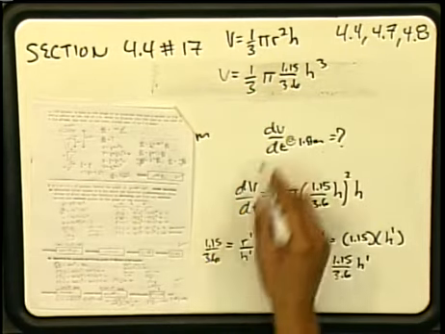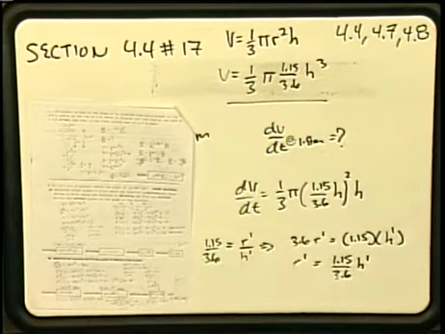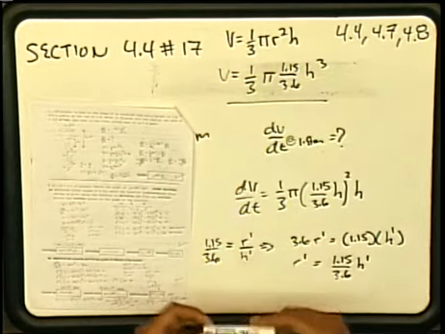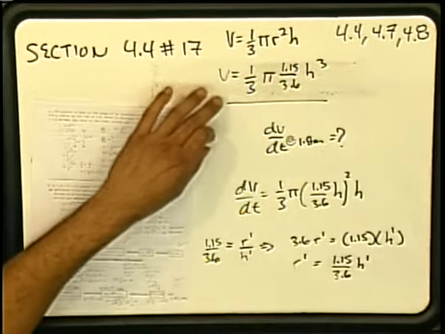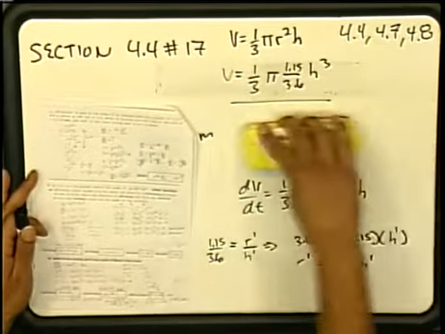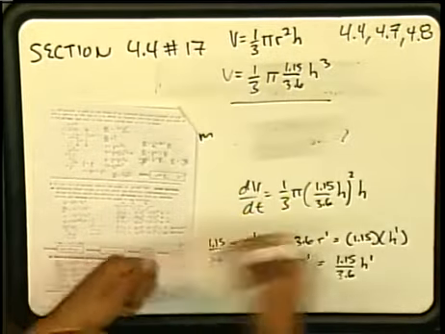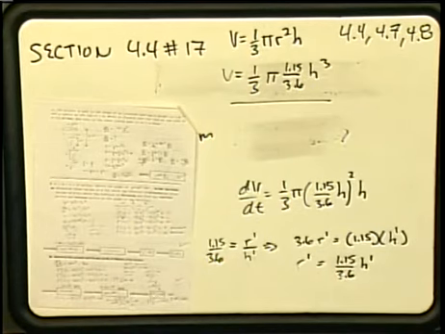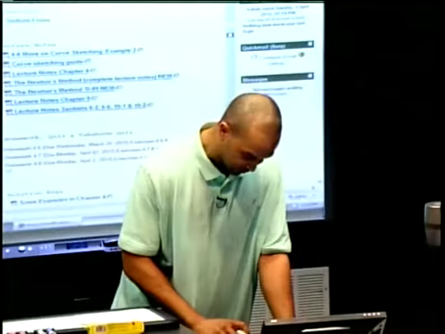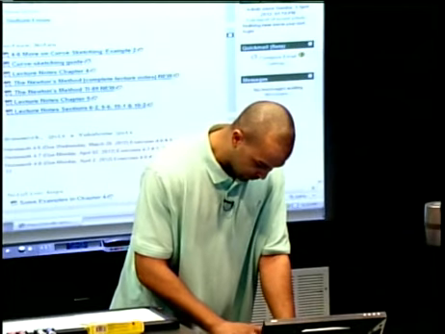Simplify, and then take the derivative. You see how I got this? After you simplify that, 1.15 divided by 3.6 times 1/3.